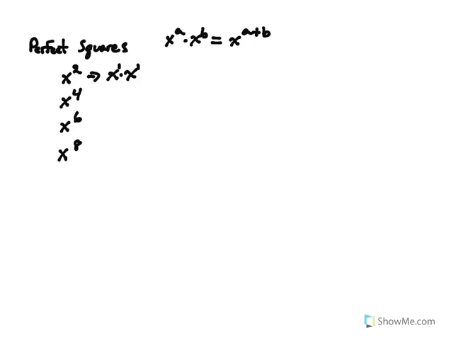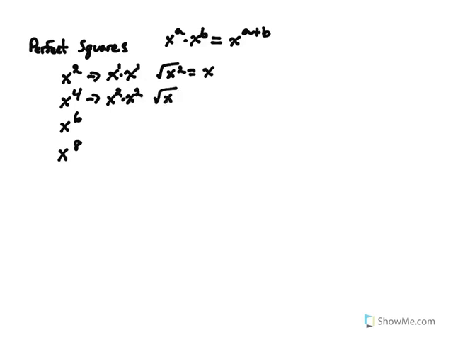Okay? So if you take the square root of x squared, you're going to get x. Why? Because x times x is x squared. All right? X to the 4th is, don't forget, x squared times x squared.